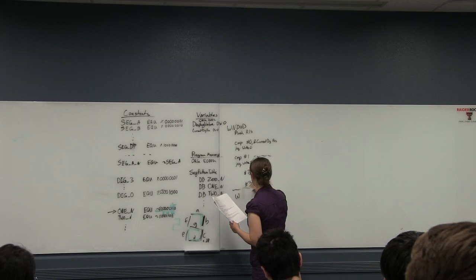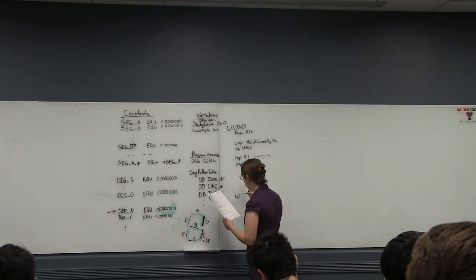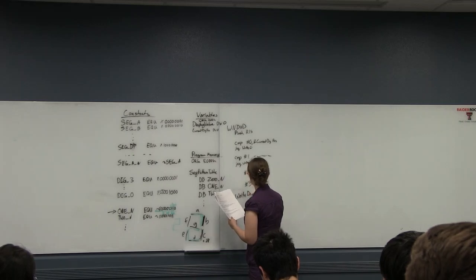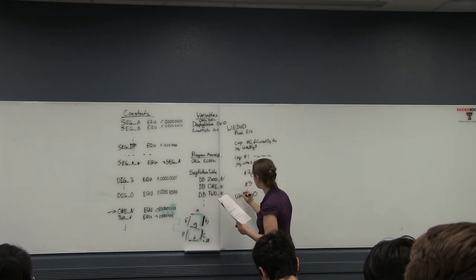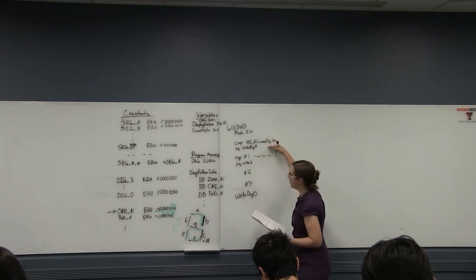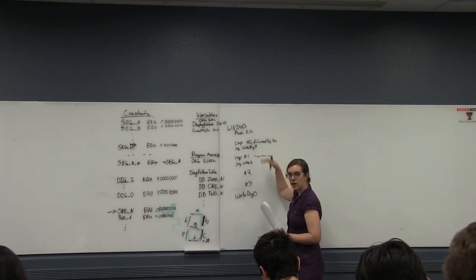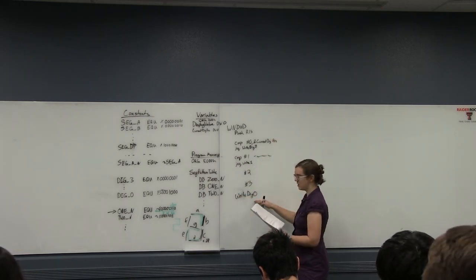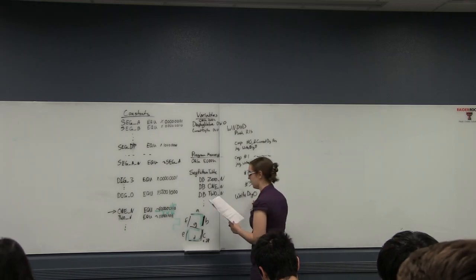So the first one, actually that doesn't need to have a line. Okay, so this is actually write dig 0. This is a label, so that when we know that we're on position 0 of 4 digits, we want to do this little bit of code.